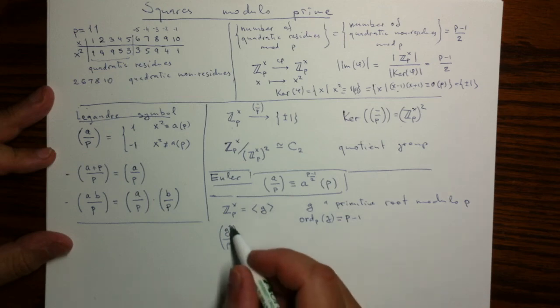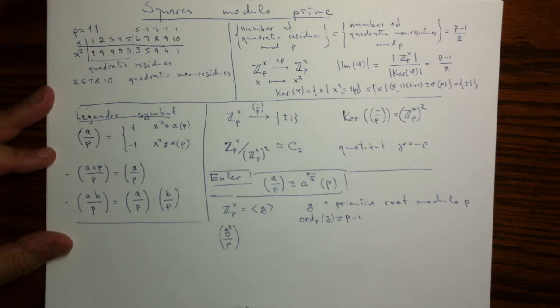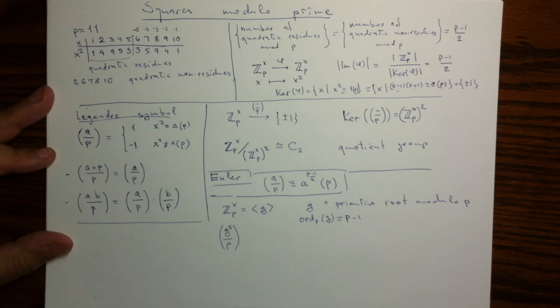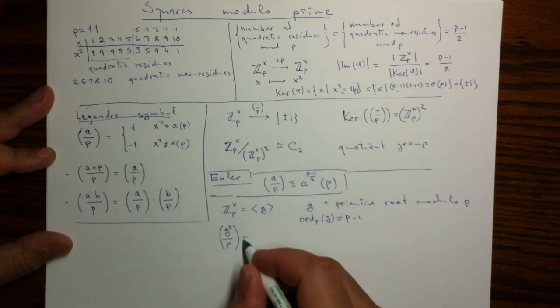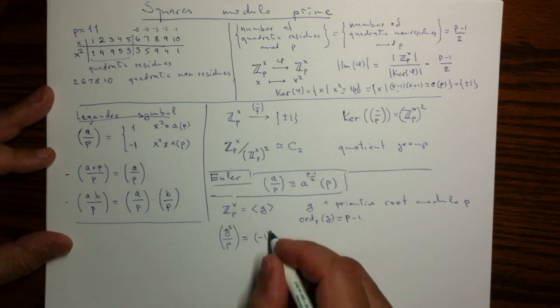It's easy to see which of the powers are squares: even powers will be squares, odd powers will be non-squares. So the answer for that Legendre symbol is easy, it's just negative 1 to the power s.